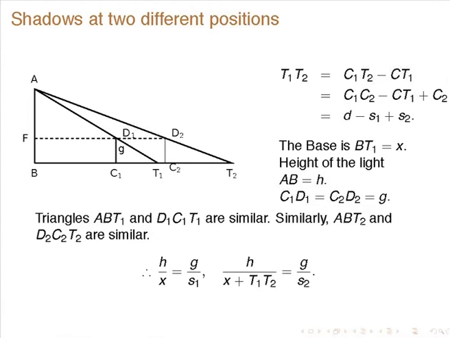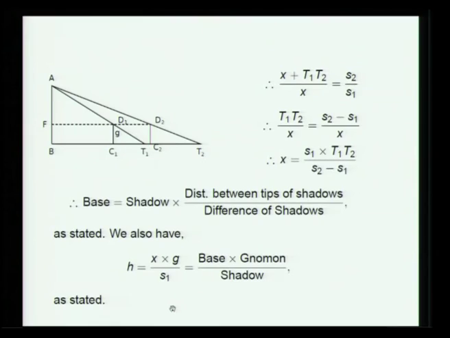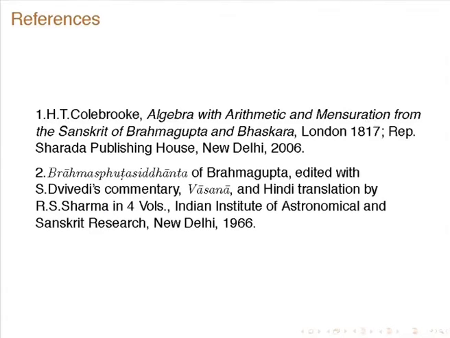So you get H by X is this, and so on. Finally, the base BT1, X, is equal to S1 into T1 T2 by S2 minus S1, and the height H is the base into the gnomon by the shadow. So, these are some of the things discussed in the Brahmasphuta Siddhanta.